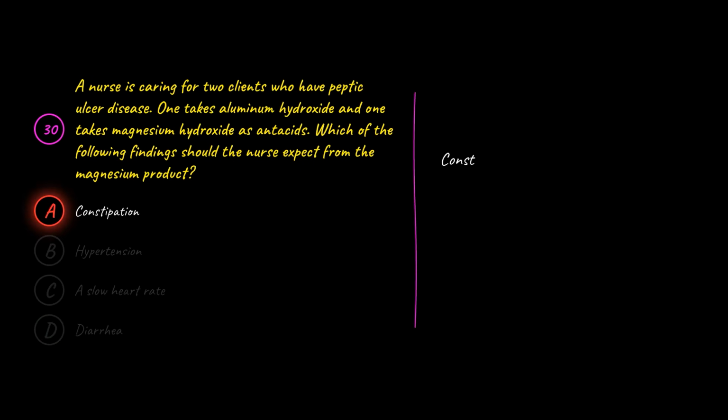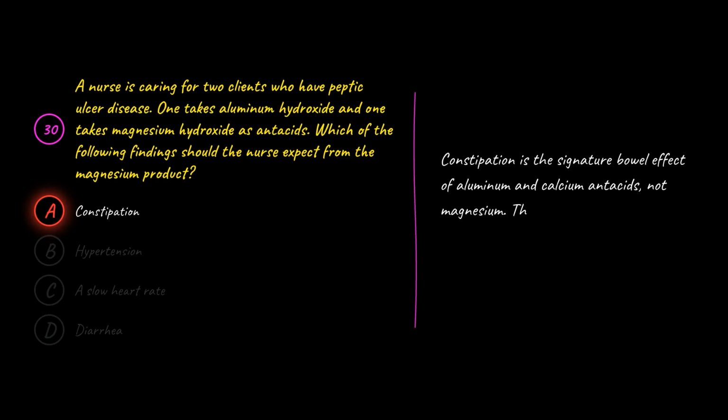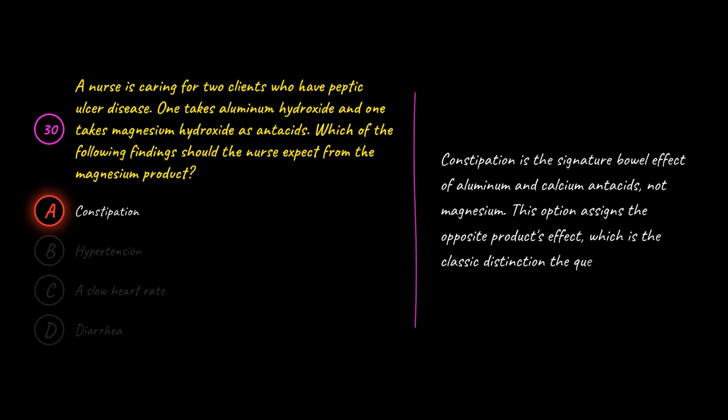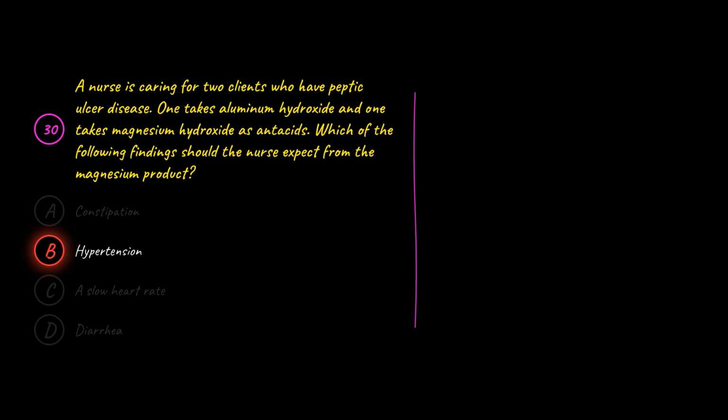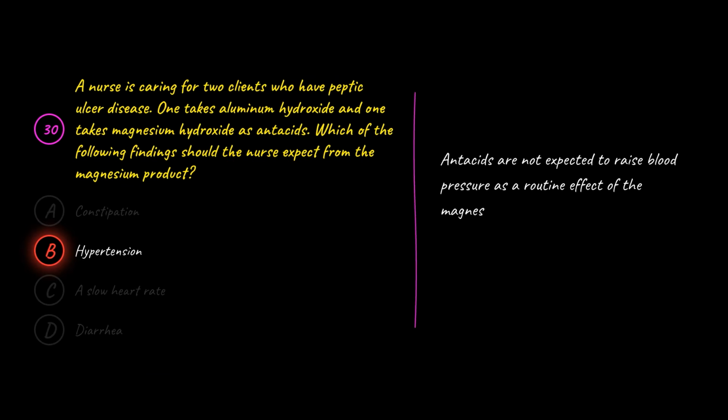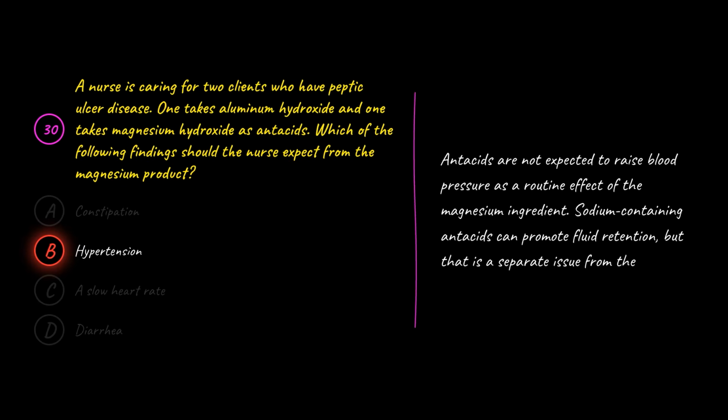A is wrong because constipation is a signature bowel effect of aluminum and calcium antacids, not magnesium. This option assigns the opposite product's effect, which is the classic distinction the question is testing. B is wrong because antacids are not expected to raise blood pressure as a routine effect of the magnesium ingredient. Sodium-containing antacids can promote fluid retention, but that is a separate issue from the bowel effect asked about here.